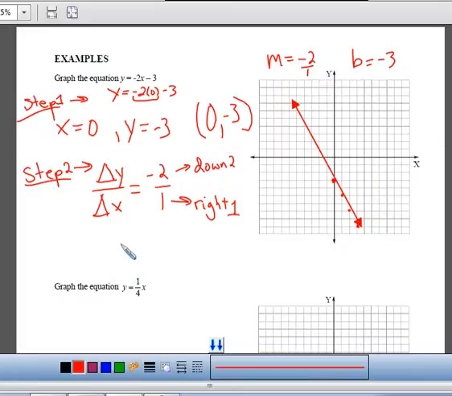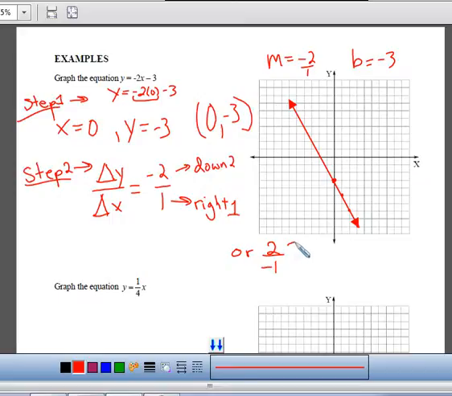So, if you wanted more points to graph, then what you could also do is -2 can come from positive 2 over -1. So what does that mean?